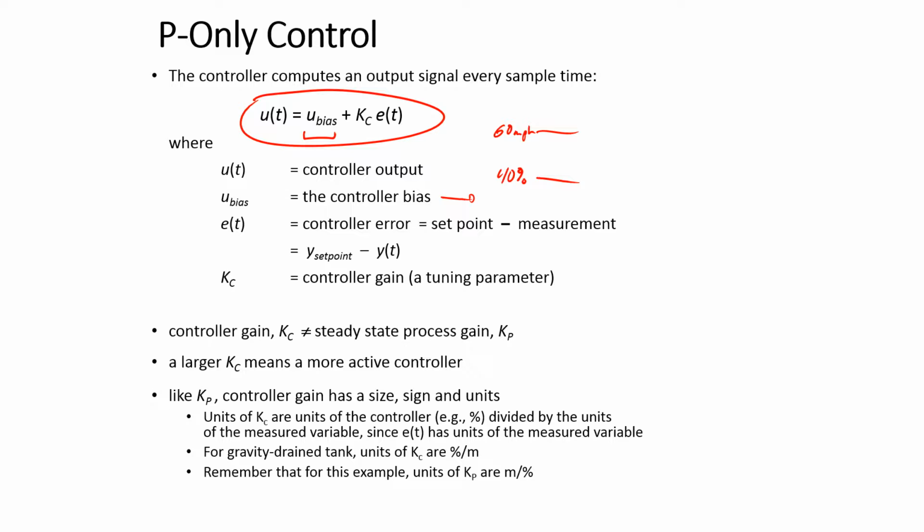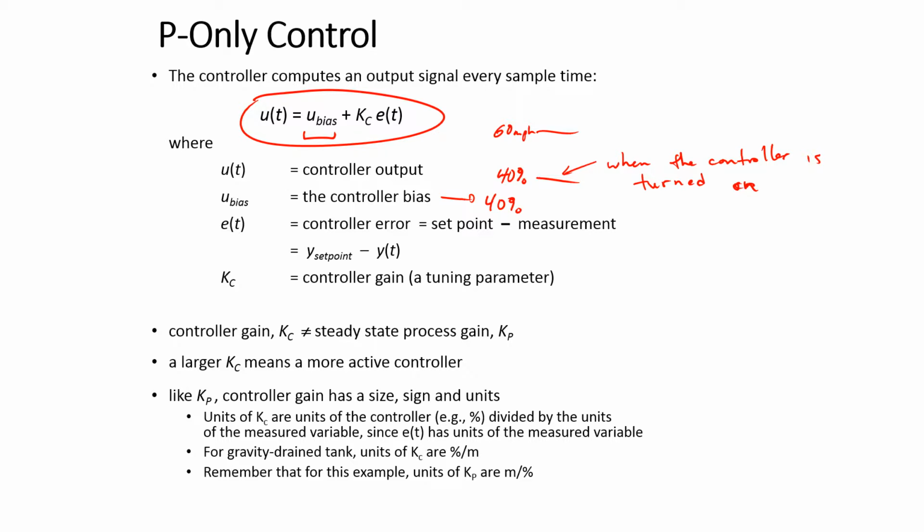Most times the U bias is just the value of the final control element when the controller is turned on. So in this case, the controller bias would just be 40%.